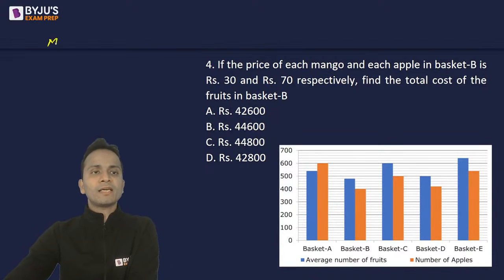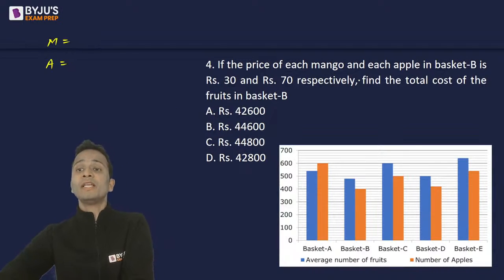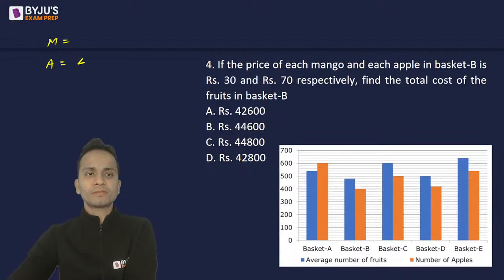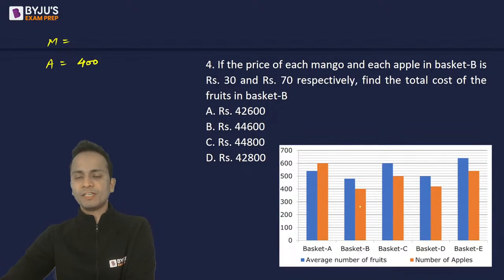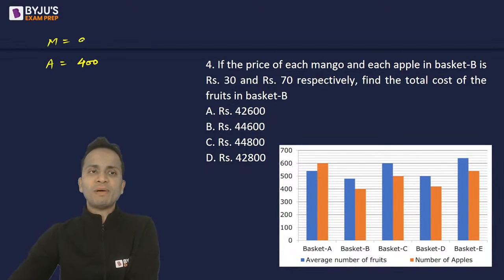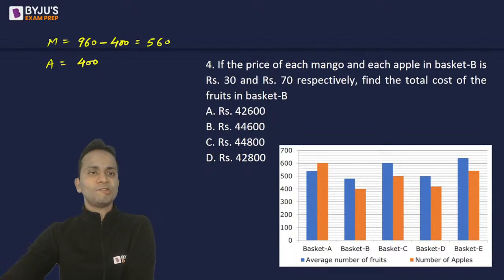So first of all, calculating the number of mangoes and number of apples in basket B. So basket B total number of apples is 400 from the graph directly. Total number of fruits is 480 multiplied by 2, 960. So number of mangoes will be total number of fruits minus the number of apples. Okay? So 960 minus 400 is 560. So 560 mangoes are there.